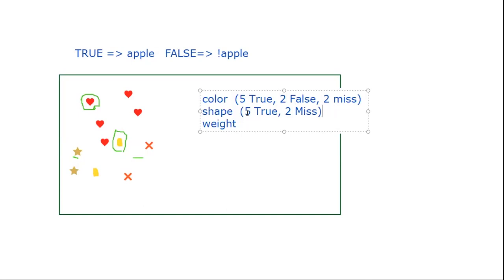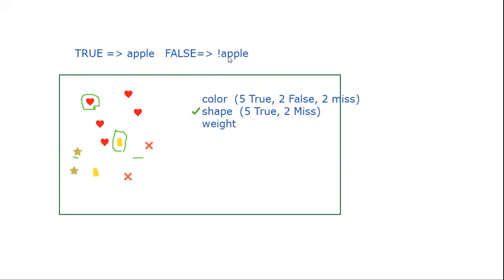In the case of shape, if I choose shape as the attribute, I will choose 5 apples and miss 2, and there is no false selection. So the hit ratio is 5/9 in the case of color, and for shape it is 5/7. Obviously if I select shape as the attribute, I can be more assured of my selection.